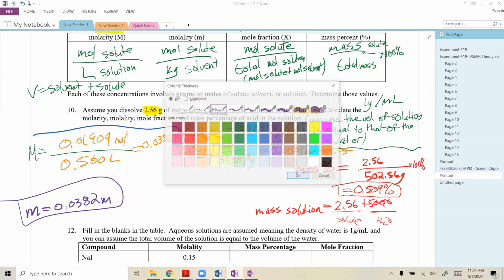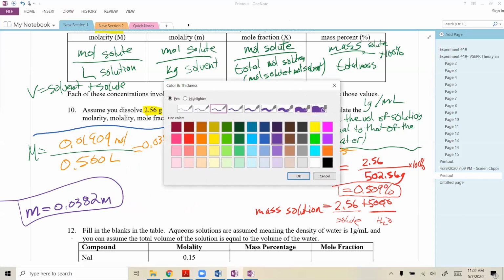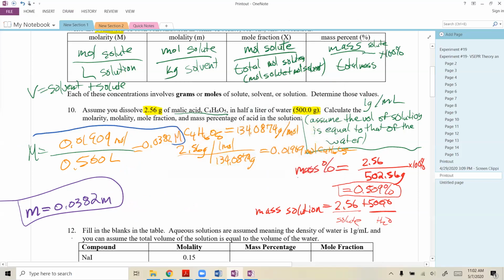And so for our mole fraction, what do we need to do? If we want our X, that should be the moles of our C4H6O5. And then what's going on the bottom? The total moles.